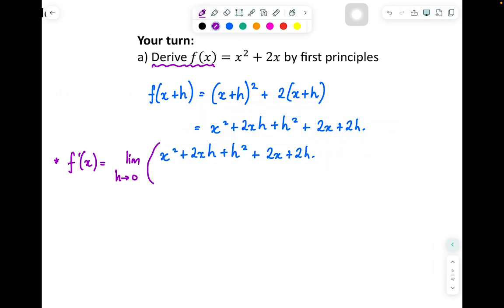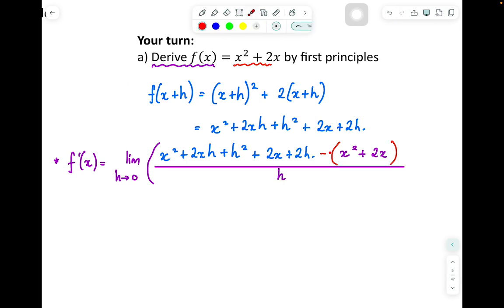We need to minus our f of x. Now, if we can see here, there are two terms for our f of x. X squared plus 2x. Be very careful that that negative has to apply to both of the terms.